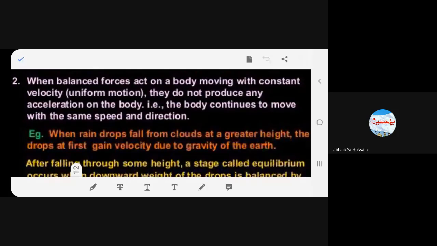What we had learned earlier, that if a moving ball is kicked by you, it increases the velocity. That's what we had learned because that was unbalanced force. Now we are talking about balanced force. So what happens? The body keeps on moving with the same uniform velocity. Did you understand now?